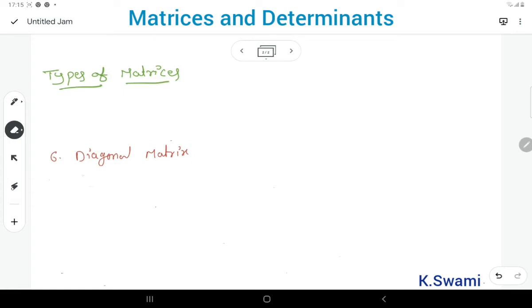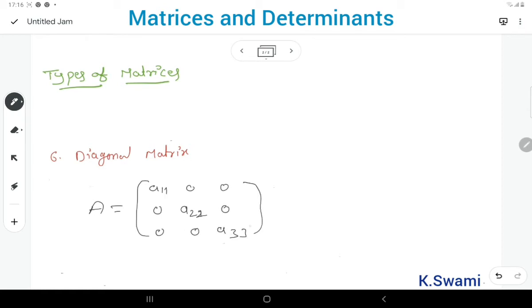Another matrix is diagonal matrix. Diagonal matrix means a square matrix in which all elements except those in the principal diagonal are zero, like A11 0 0, 0 A22 0, 0 0 A33.